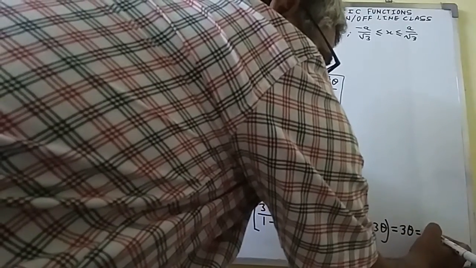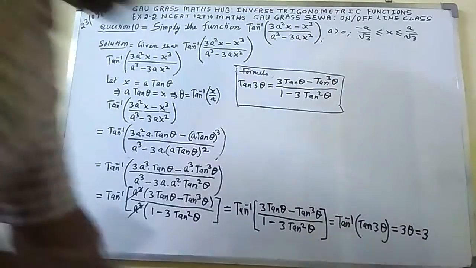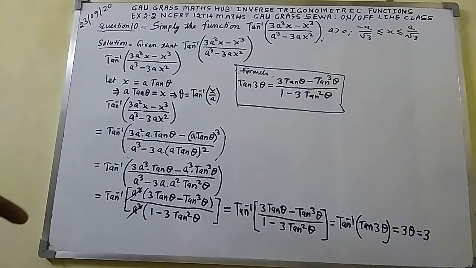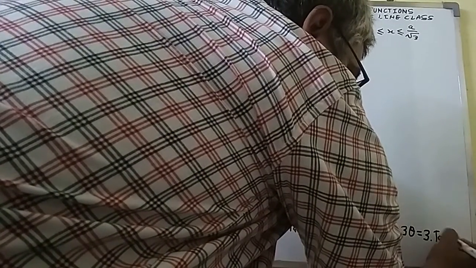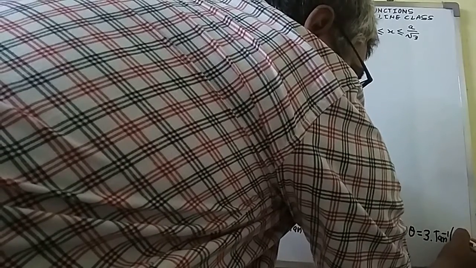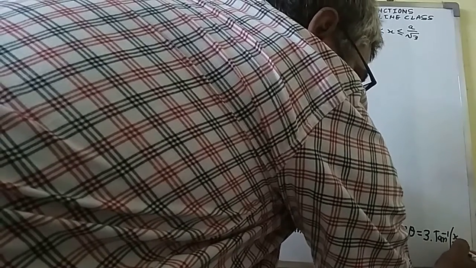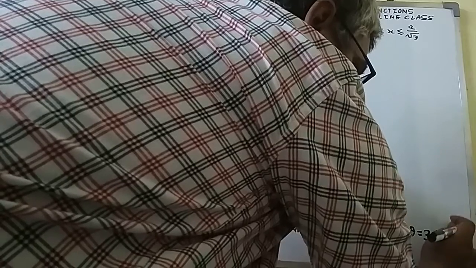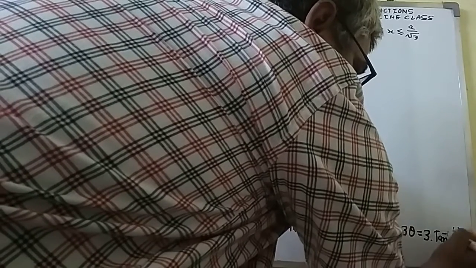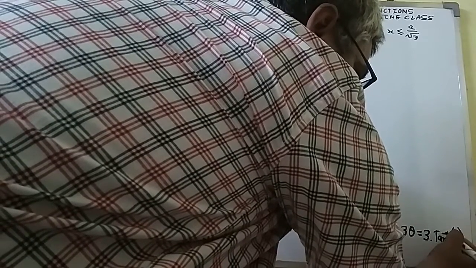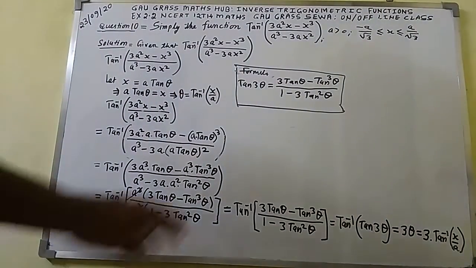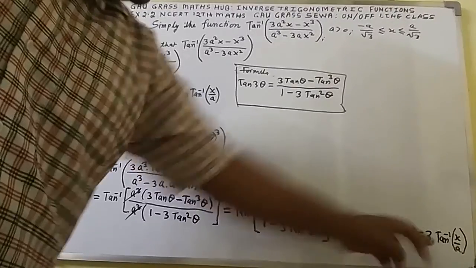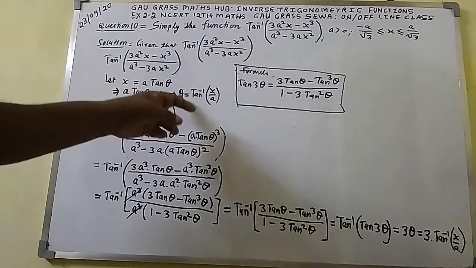You can write very well 3. In place of theta I can write tan inverse, in bracket x by a. Here you have got 3 dot in place of theta.